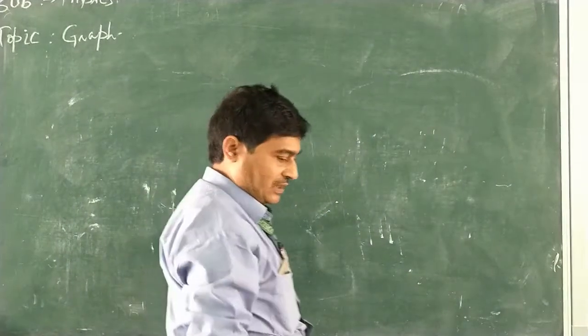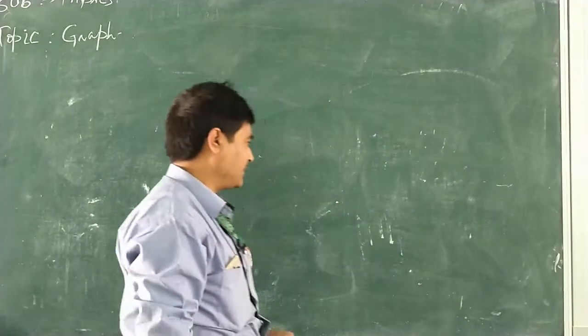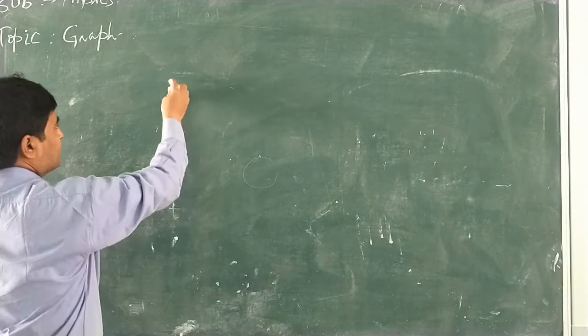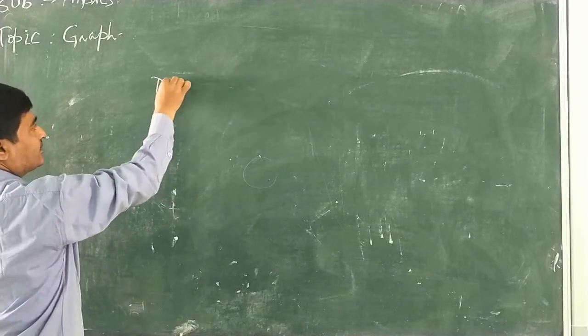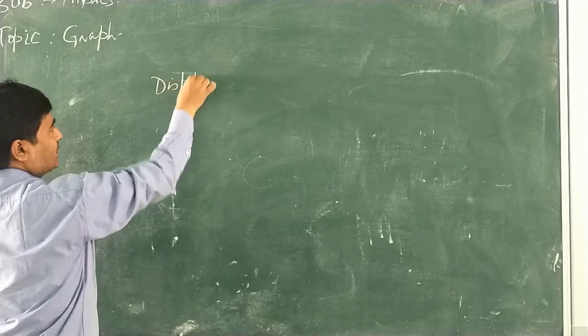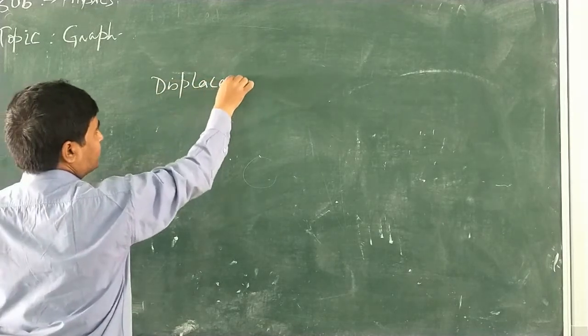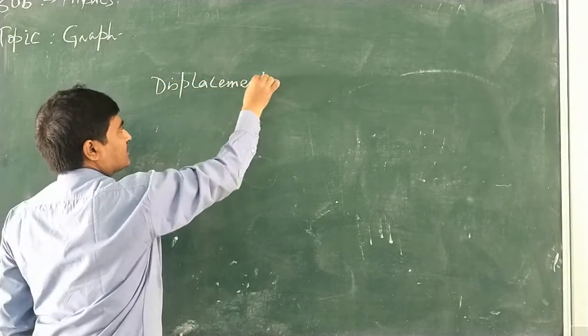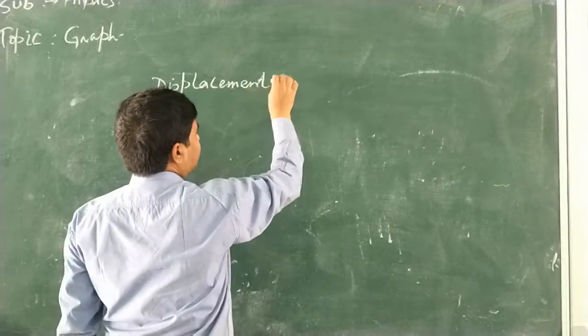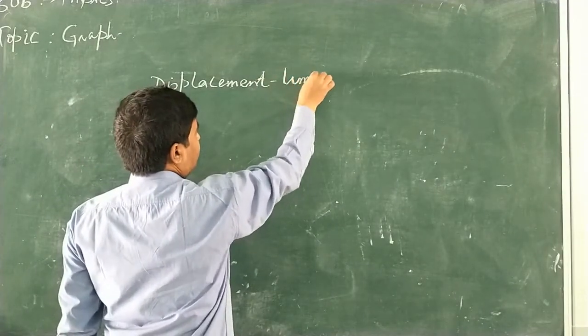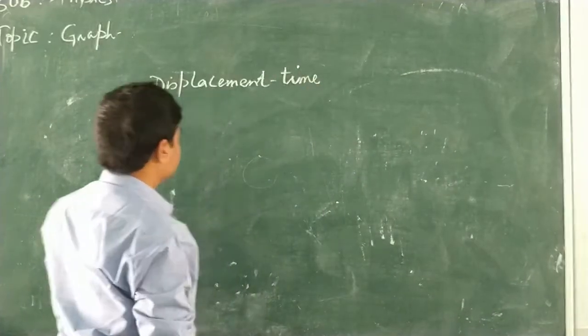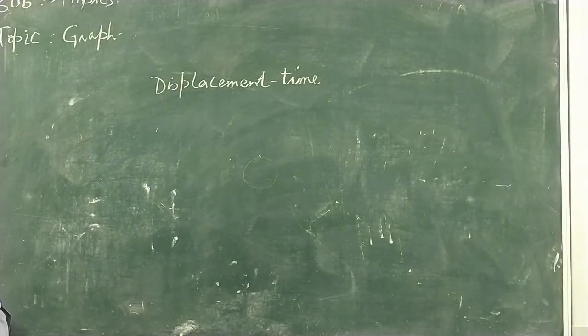Displacement time graph will also be named position time graph or distance time graph.